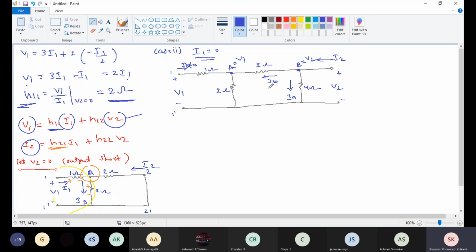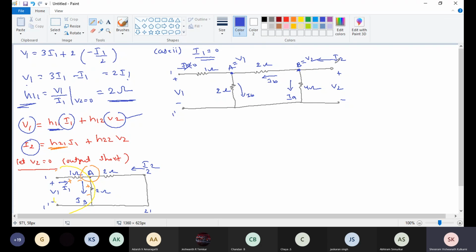Now here the current is 0 in this 1 ohm. But the current due to this I2 is flowing through this 2 ohm. It's a simple concept. If you observe the circuit carefully, you will get to know.